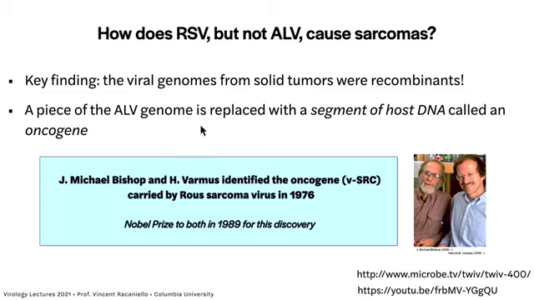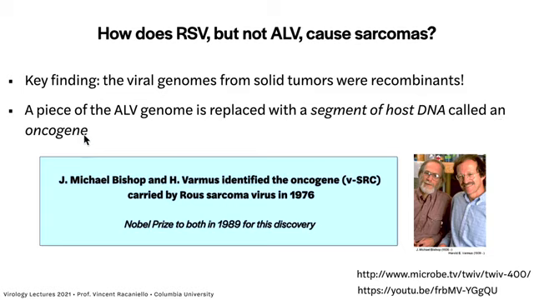And basically, he found that the genomes from solid tumors, when you infect a chicken with Rous sarcoma virus, are recombinants. The viral genome is a recombinant where a piece of the avian leukosis virus genome is replaced with a piece of host DNA, which they called an oncogene.